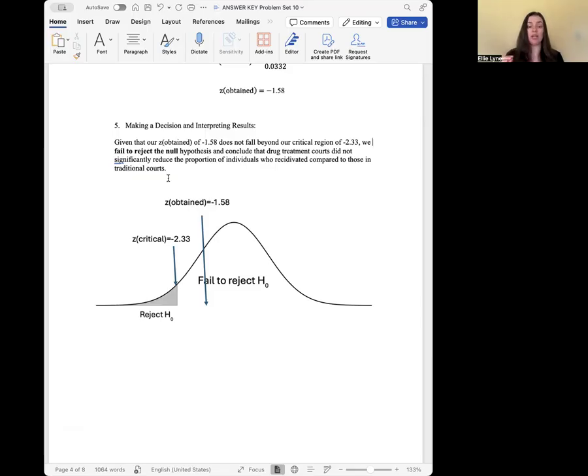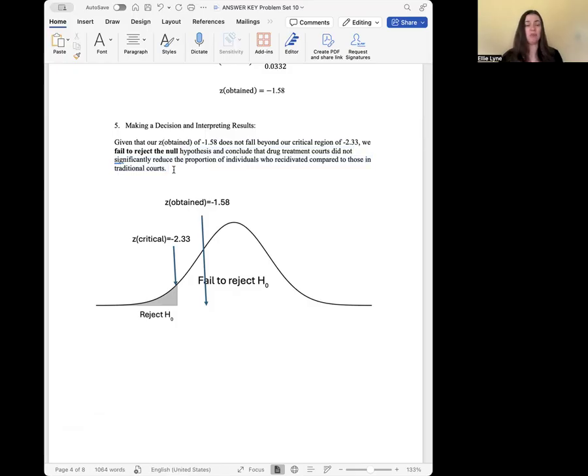So what I'm doing there is not only saying that we failed to reject the null hypothesis, but what that actually meant in context, right? If I just told whoever was in charge of completing this project that we failed to reject the null hypothesis, but didn't actually tell them what that meant, that's not going to be very helpful to them. So again, I want to ensure that I'm giving them the context of what that actually meant.